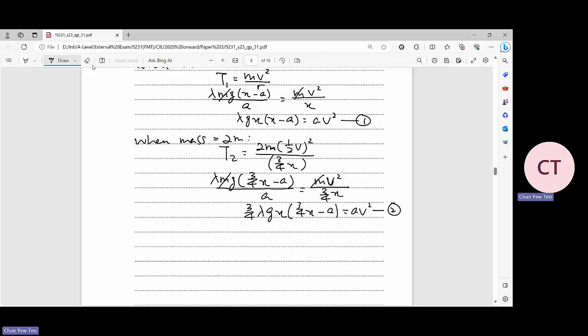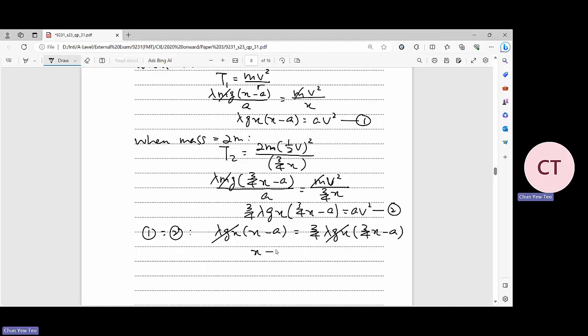So you can see that equation 1 and equation 2, all of them have av squared. So what you need to do, just take equation 1 equal to equation 2, then you get lambda gx times x minus a is equal to 3 over 4 lambda gx times 3 over 4x minus a. So lambda gx and lambda gx can be cancelled. x cannot be 0 because if x is 0, then it will have no radius at all.